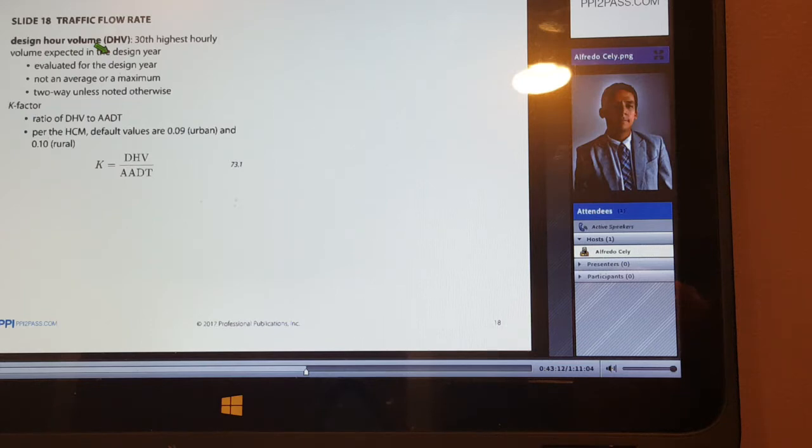It is the 30th highest hourly volume expected in the design year. So they both have this point of view for a whole year. For the Highway Capacity Manual, default values are 0.09 and 0.10. So your design hourly volume is going to be a tenth of your average annual daily traffic.